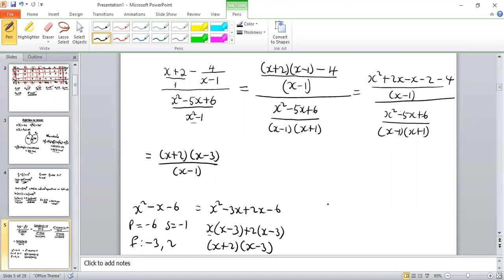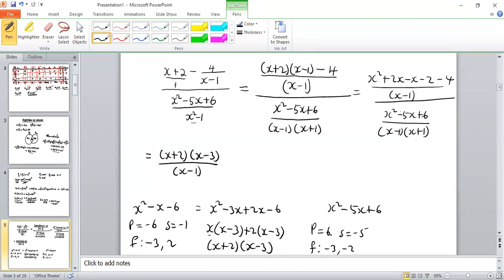For it, the equation is x squared minus 5x plus 6. The product is 6 and the sum is -5, so the factors both need to be negative, -3 and -2. When we add them, we get -5.